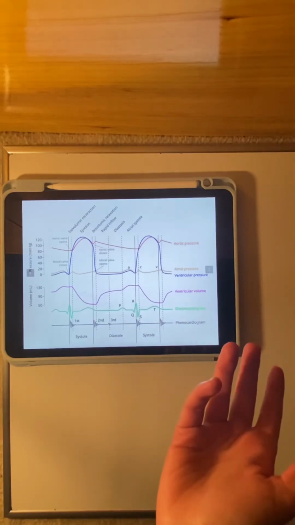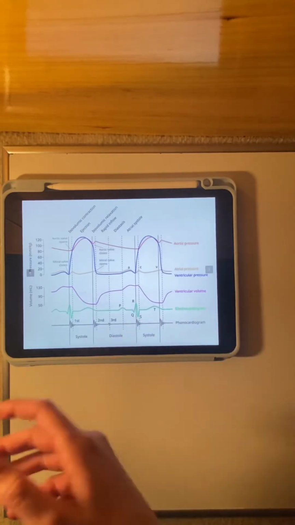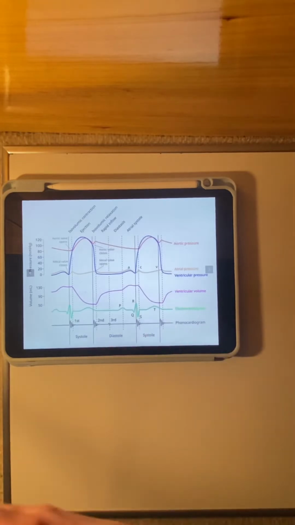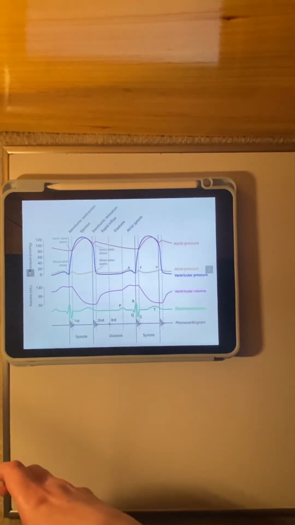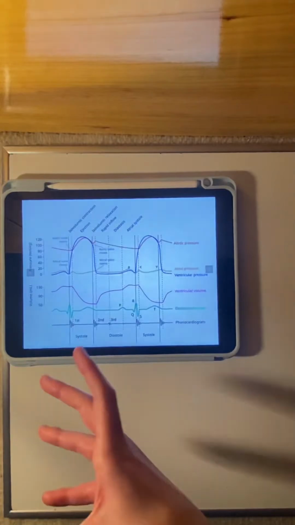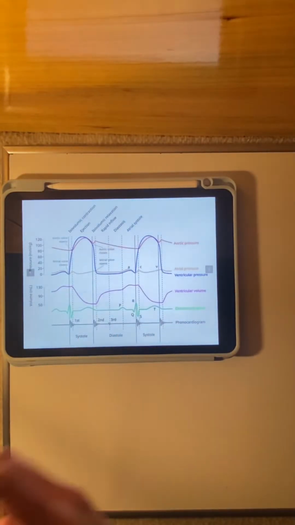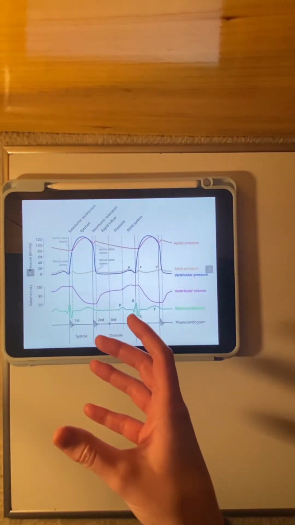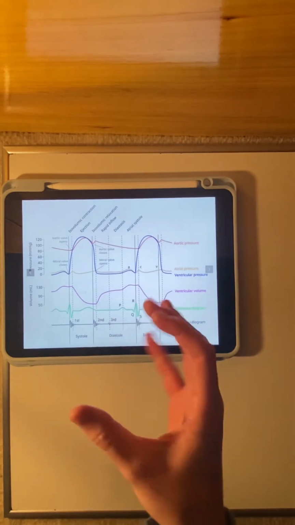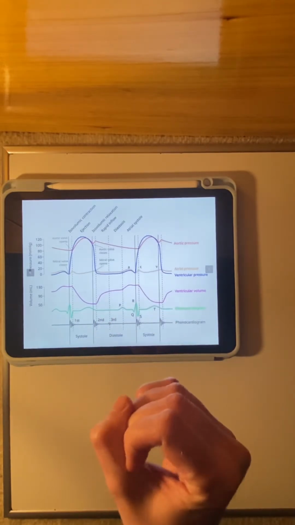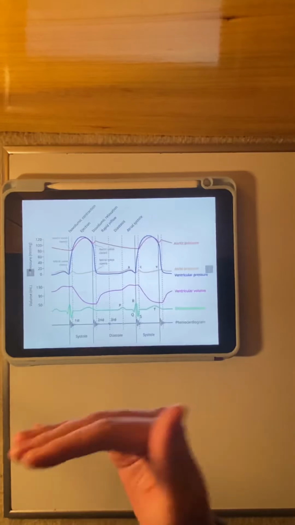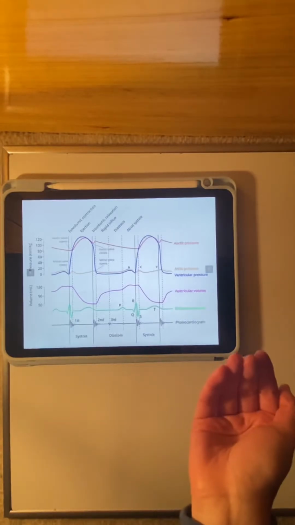It can happen in your coronary arteries, which supply your heart with blood, and in that case, it's called coronary artery disease. But like I said, the main thing to note here is that it's just the decrease in lumen size due to a buildup of plaque in a blood vessel.